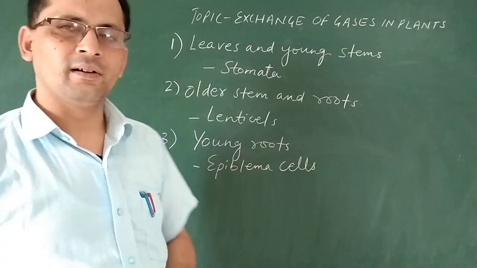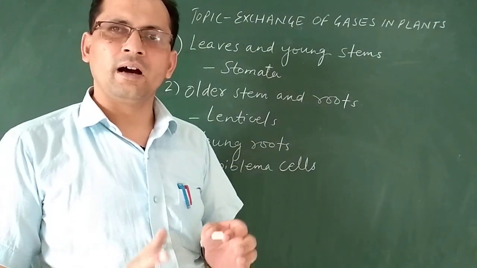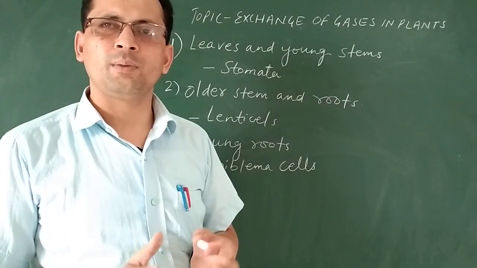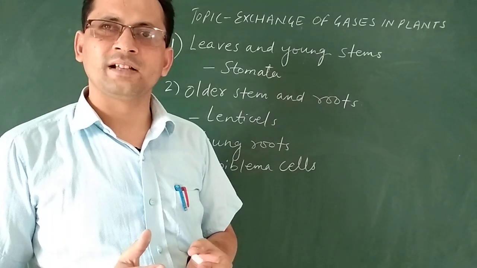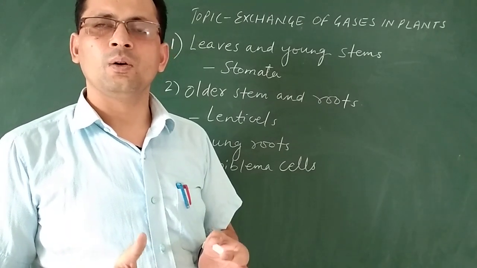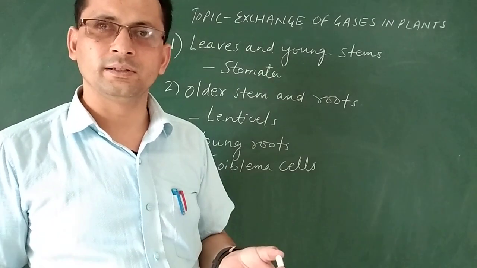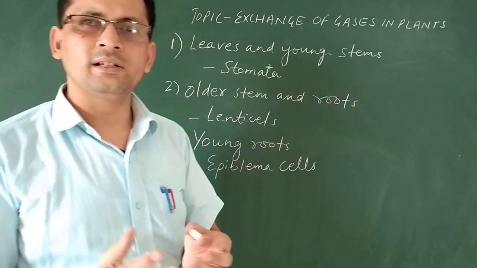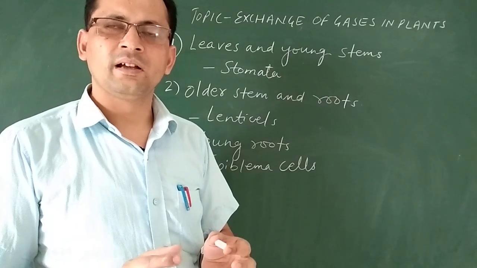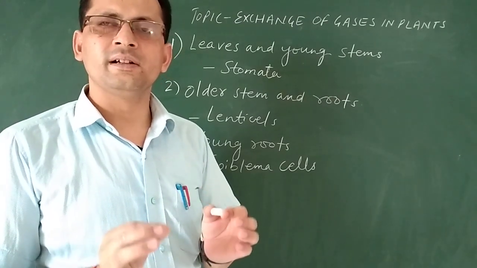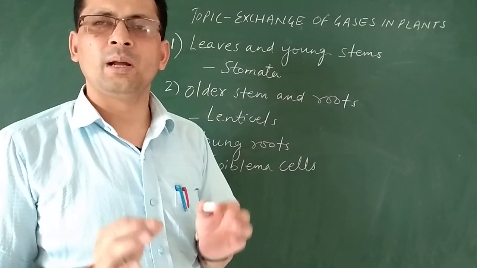Now see what structures are present in the plant that help in exchange of gases in young roots. Young roots have root hairs, fine hair-like structures, and these root hairs bear epiblema cells.